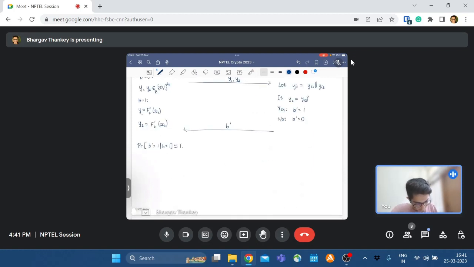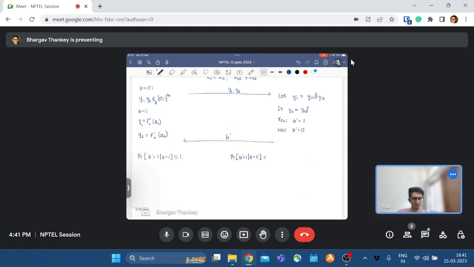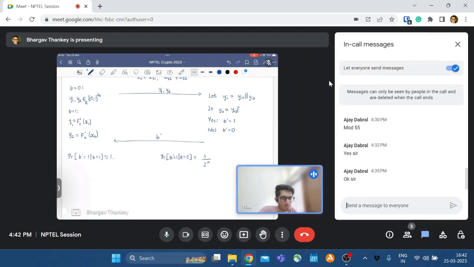On the other hand, when b is 0, y1 and y2 are random strings of length 2n. So what's the probability that y11 equals y12? Well, it's 1 over 2 to the n, because both are n-bit random strings. Fix any value of y11. The probability that y12 would also be the same value would be 1 over 2 to the n, right?